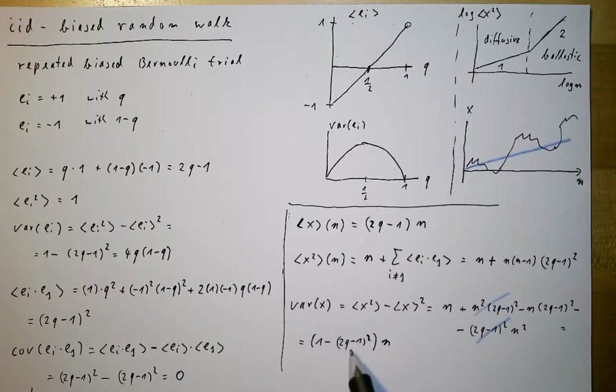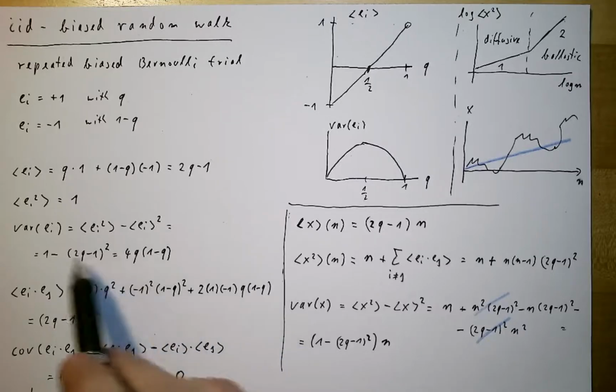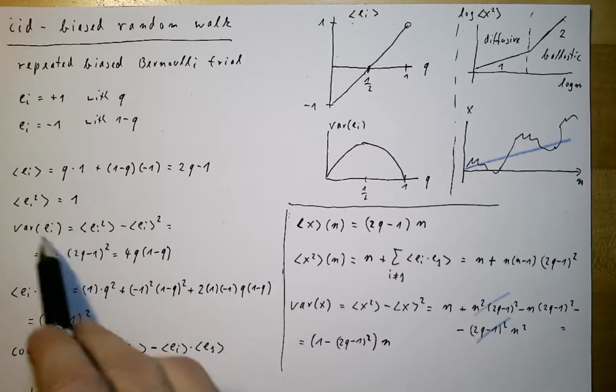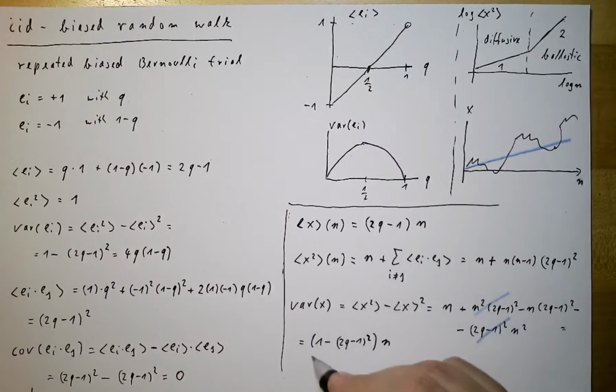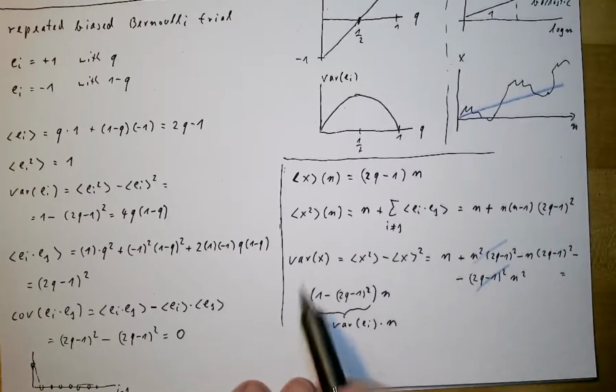And this here we have seen before. This was the variance of our increments. So the variance of the increments times n. And here we have again our diffusive behavior.